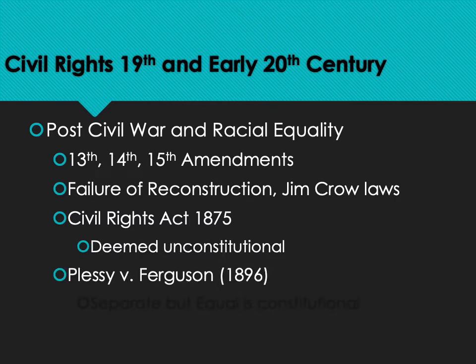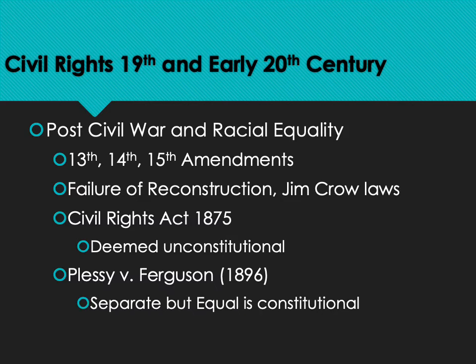And then another key moment in the struggle for racial equality in the late 19th and early 20th century is the Supreme Court case Plessy versus Ferguson. You'll read more about that in the textbook, but Plessy versus Ferguson is about legalized discrimination on train cars in Louisiana. The question comes before the court about whether or not having a train car for black folks, and a train car for white folks, violates the 14th Amendment.